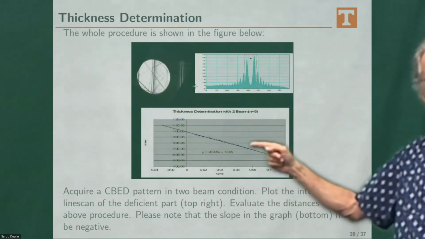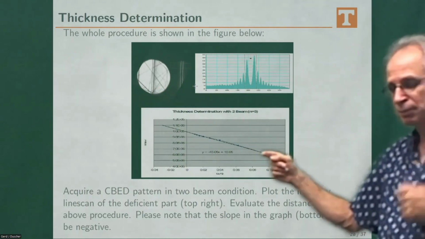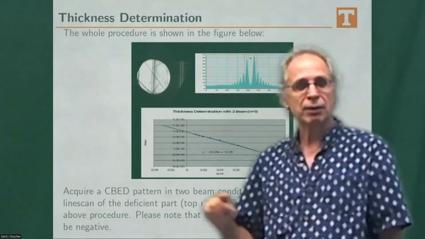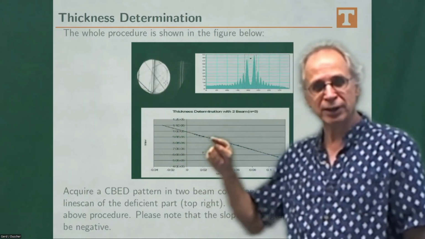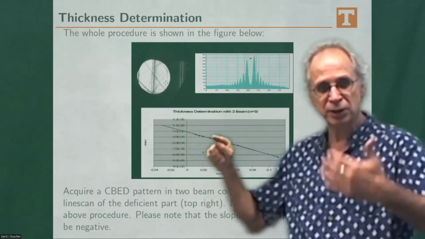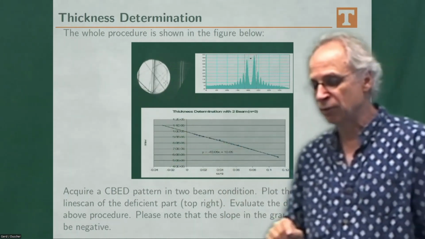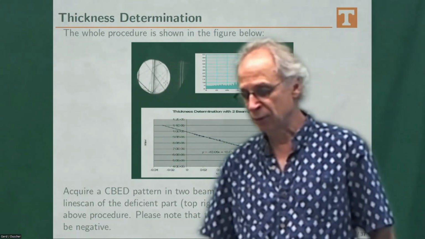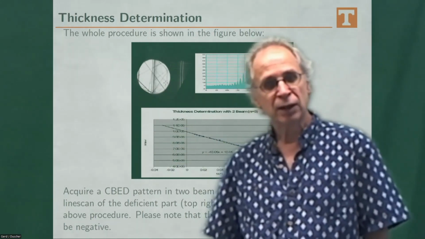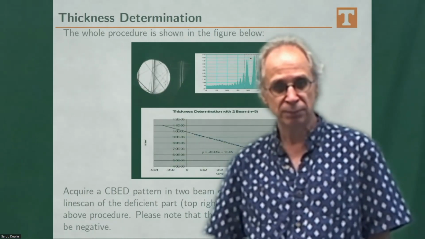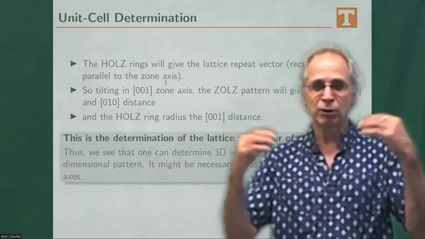And then you plot that, and the slope gives you the extinction distance, so that's your inner potential related term. And where it is here, it gives you the perfect thickness of your sample. And that is accurate to sub-nanometer. So very accurate, but only for the crystalline part.